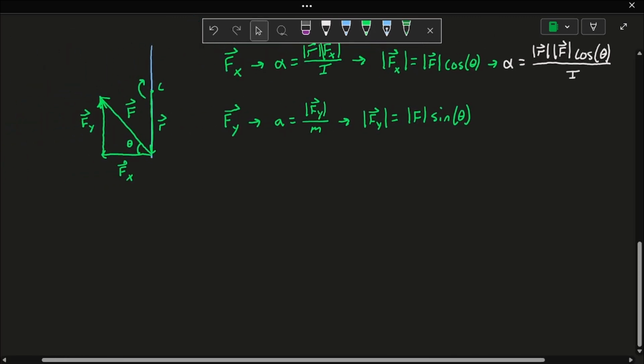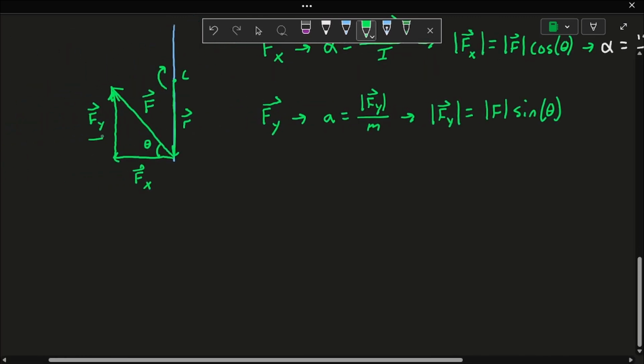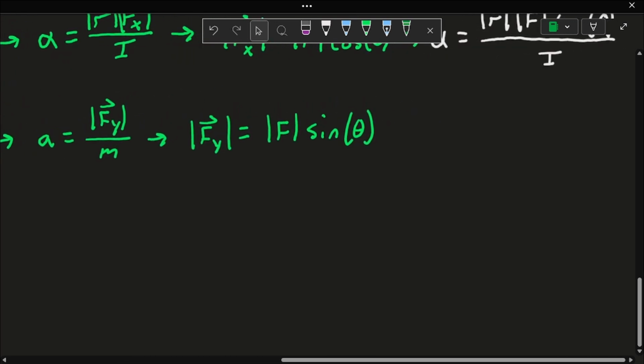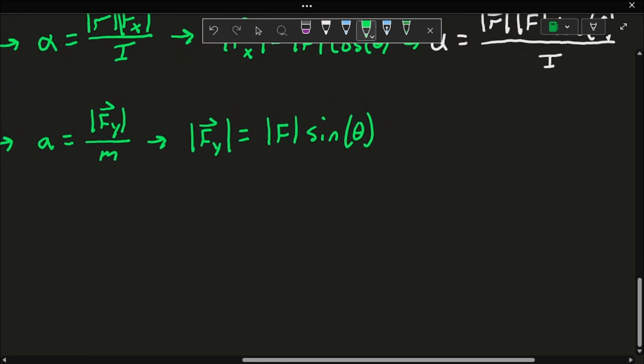So sine is opposite over hypotenuse. Opposite is Fy in this case. Hypotenuse is f. Use a similar process. Multiply both sides by our hypotenuse to attain the opposite side. And this should also be vector f.